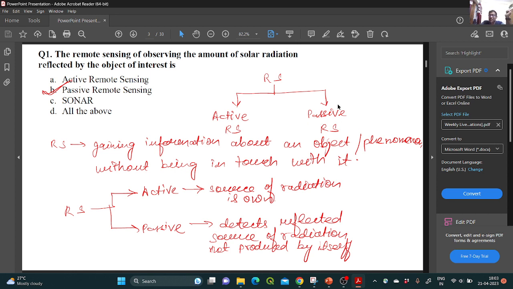The passive, on the other hand, detects something which is not actually emitted by it. Most remote sensing satellites are passive ones, as they detect the radiation coming back from the Earth because of the sun. However, there are a few active remote sensing sensors also, like the ones which deal with microwave remote sensing.